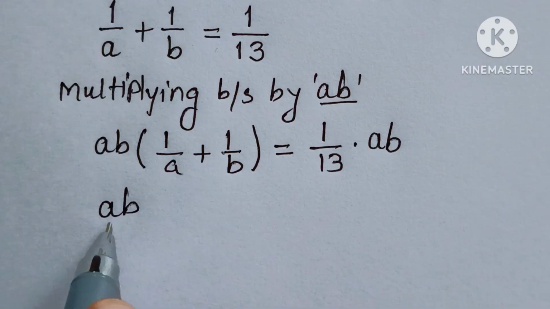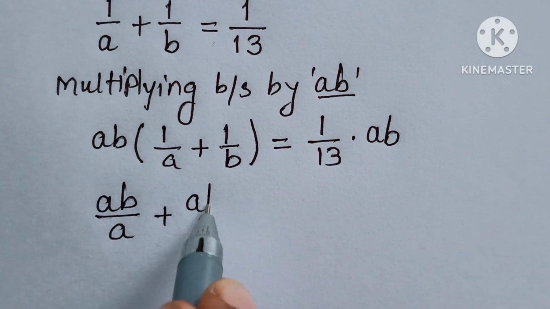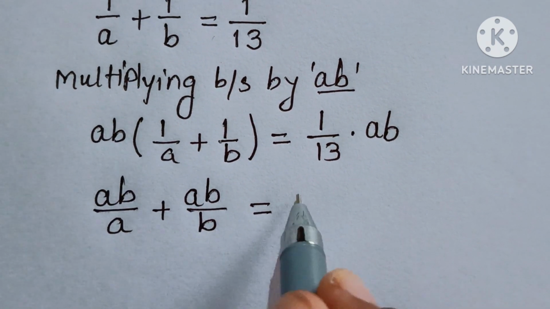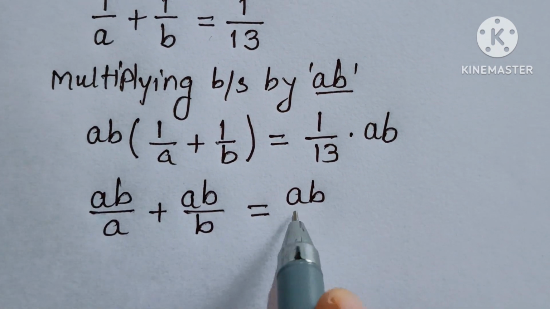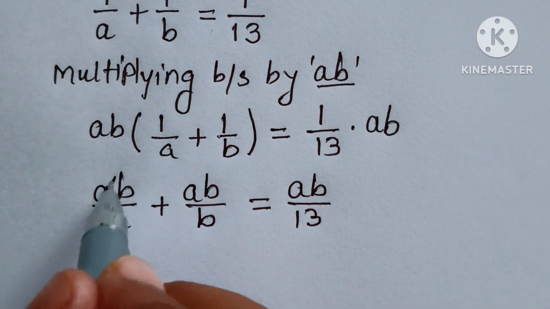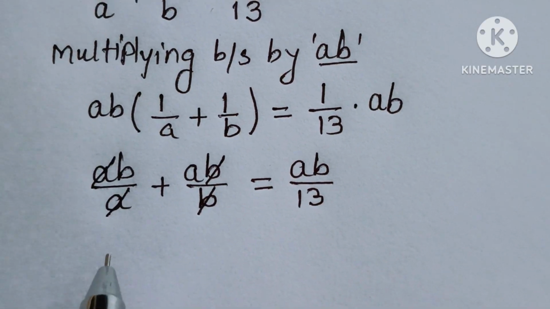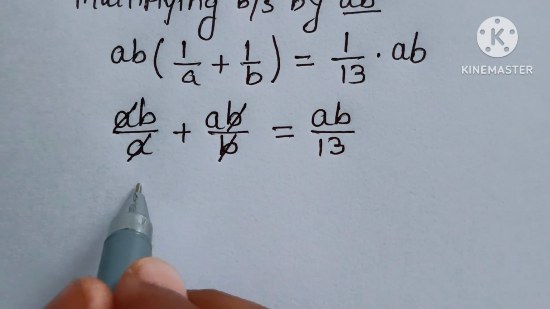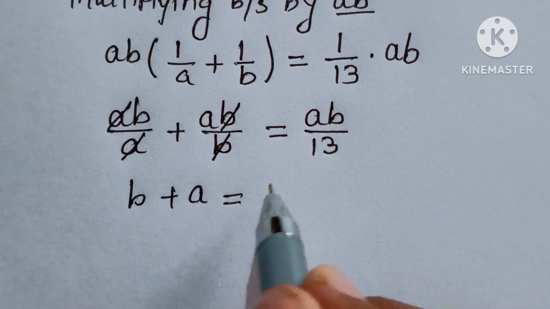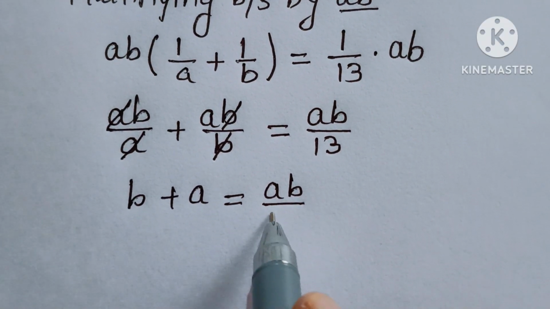AB upon A plus AB upon B equal to AB upon 13. A cancels here, B cancels here, remain B plus A equal to AB upon 13.